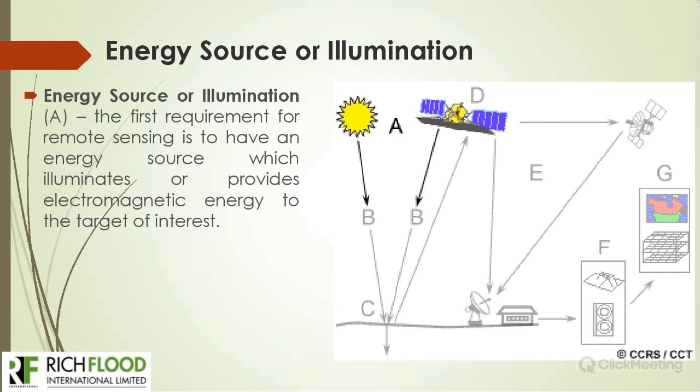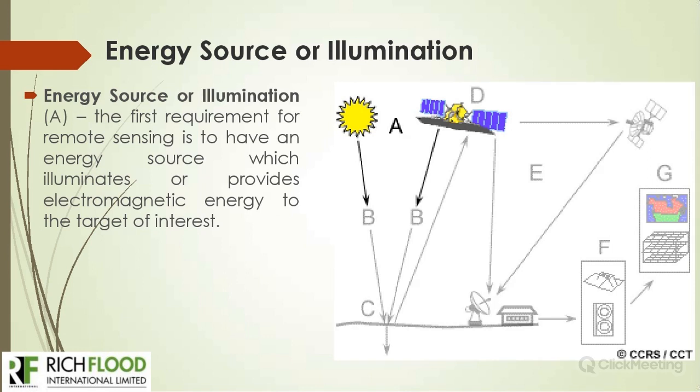And in most cases, the source of energy is the sunlight, which is like a universal source that covers every part of the earth at any point in time, depending on our location on the earth's surface.